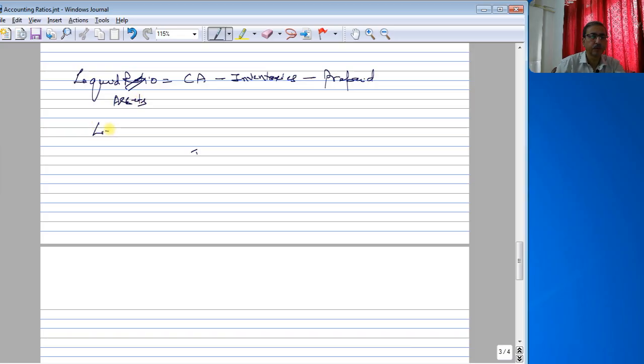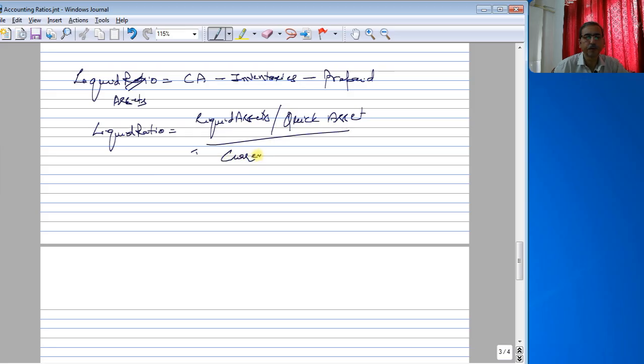Let me first write what the liquid ratio is: liquid assets, or you can also say quick assets, divided by the current liabilities.